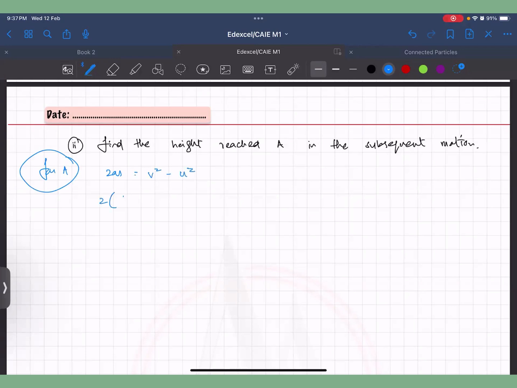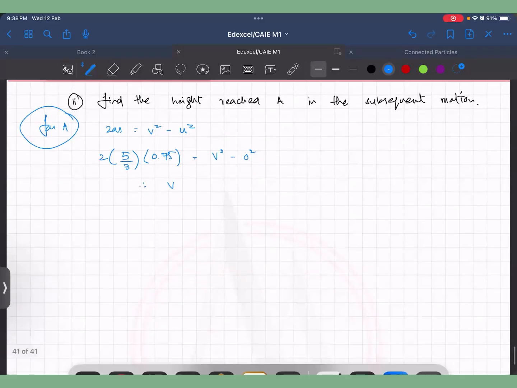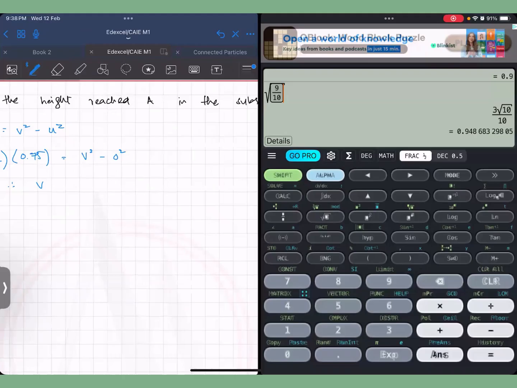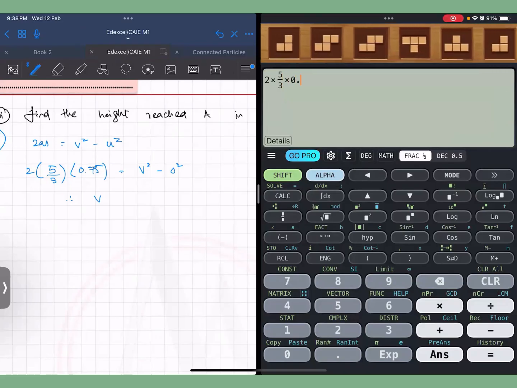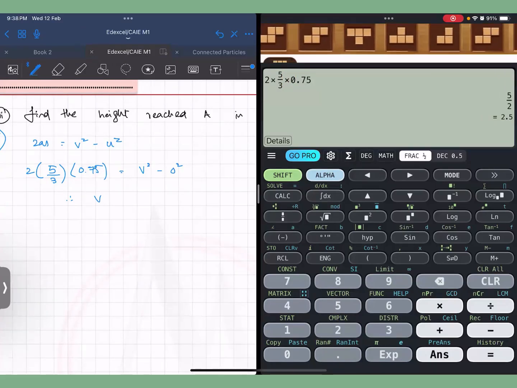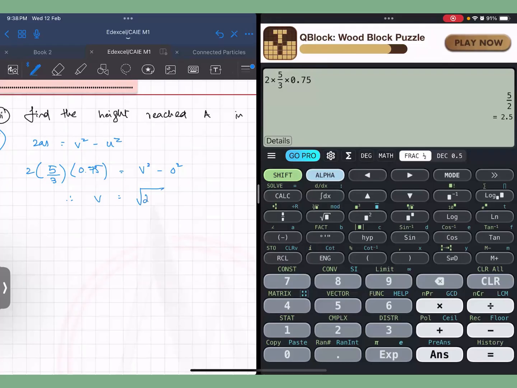Acceleration upwards for A was 5/3. Distance we know it has moved upwards is 0.75, equals final velocity we want to find, initial velocity was 0. Therefore, the velocity of A becomes the square root of 2 times 5/3 multiplied by 0.75. So square root of 2.5.